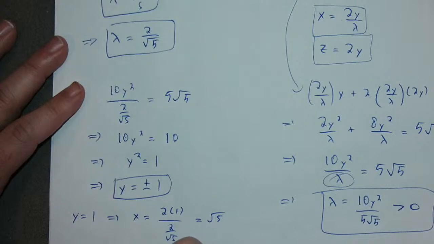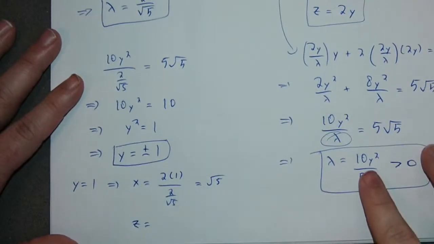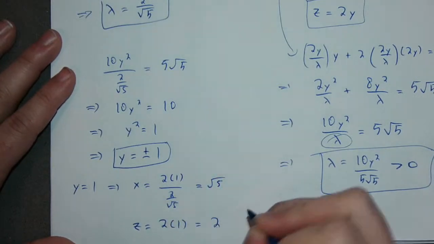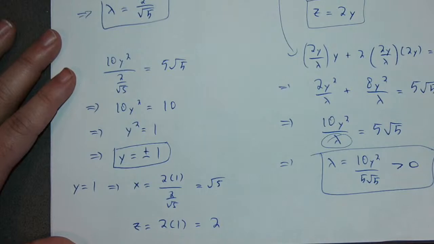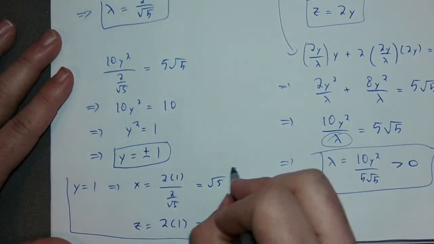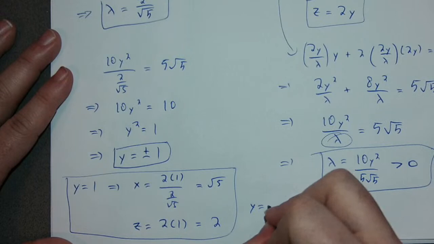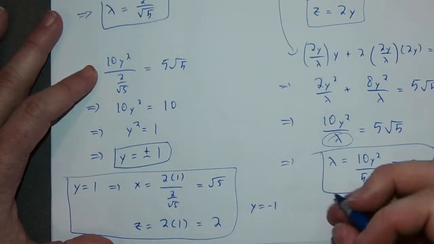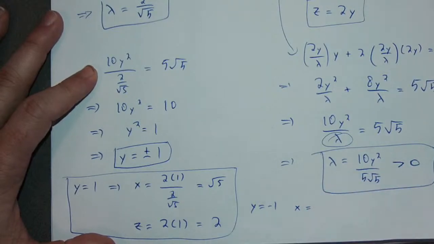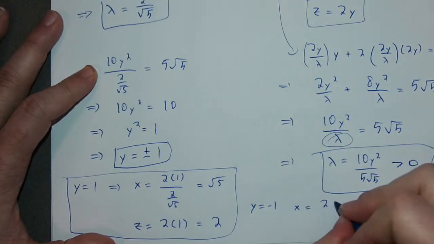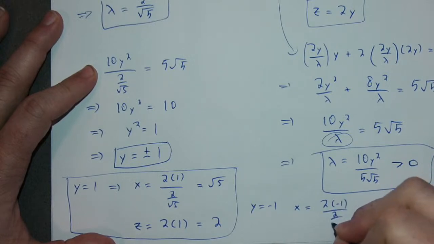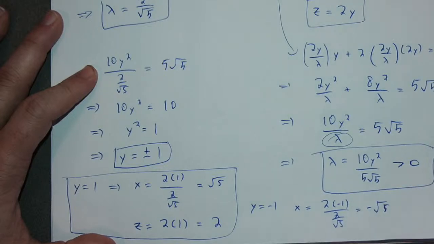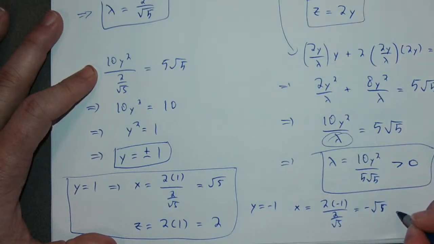And z is equal to 2 times y, so that's just 2. That's if y is equal to 1. And if y is equal to minus 1, then x is equal to 2 times minus 1 over 2 over root 5, which is minus root 5, and z is equal to minus 2.